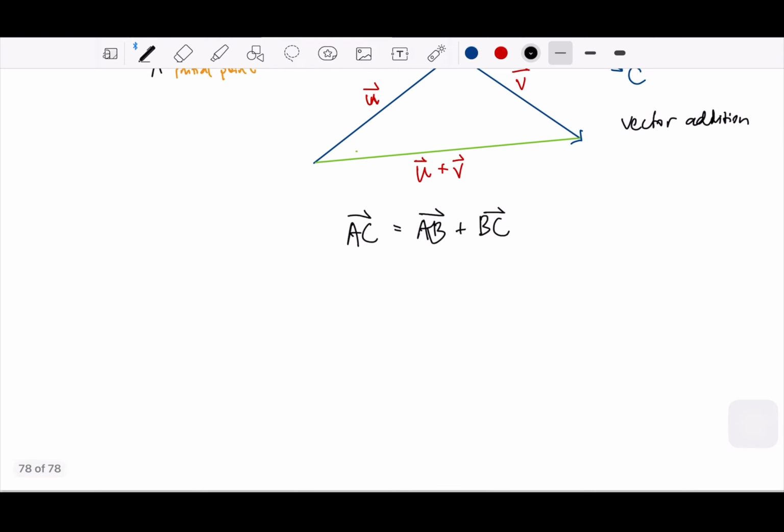Okay, and sometimes we have something called the parallelogram.